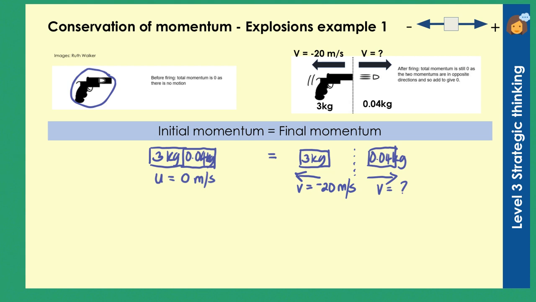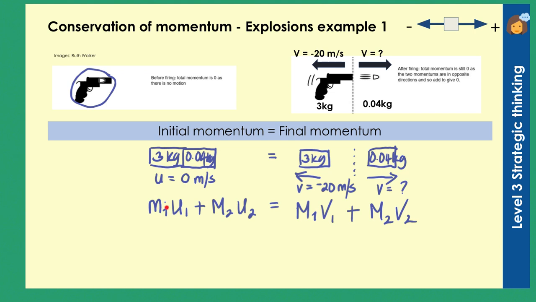So after we visualize the problem, it makes it a little bit clearer now. And so I'm going to start writing an equation. So you've got m1u1 plus m2u2 is equal to m1v1 plus m2v2.